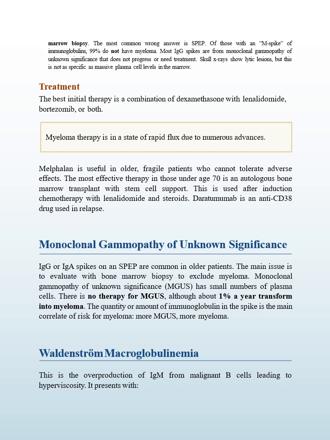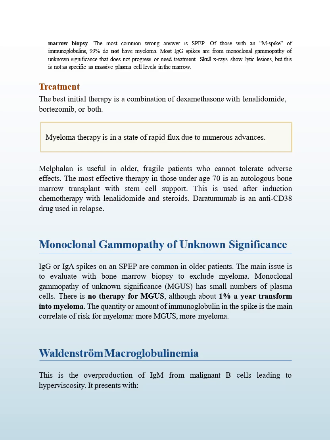Let's discuss so-called monoclonal gammopathy of unknown significance. If on SPEP we see spikes of IgG or IgA, they're more common in older patients.